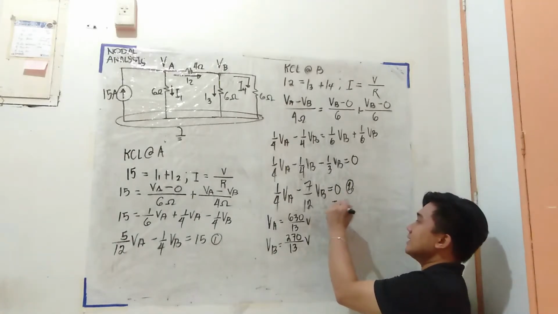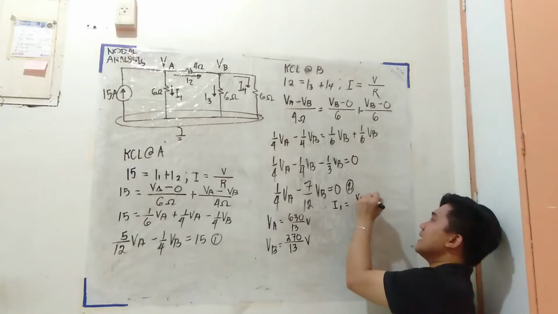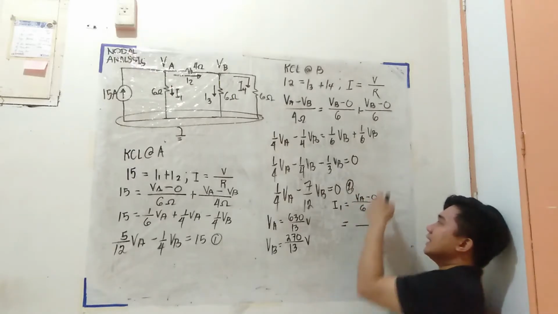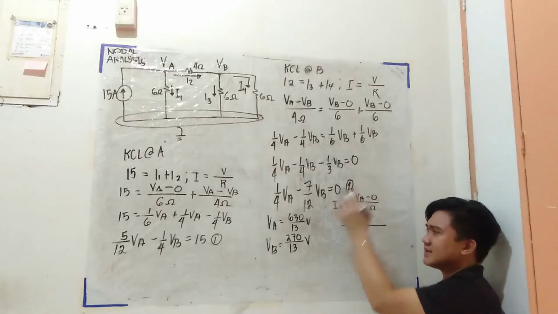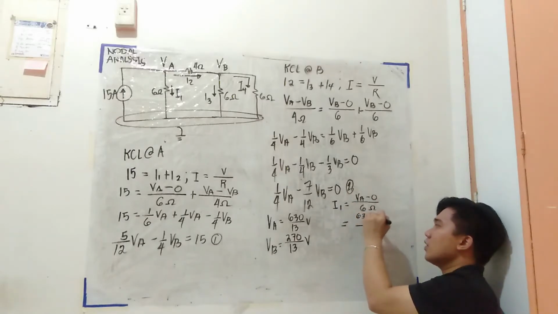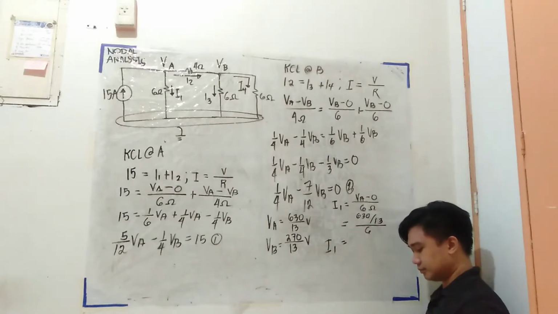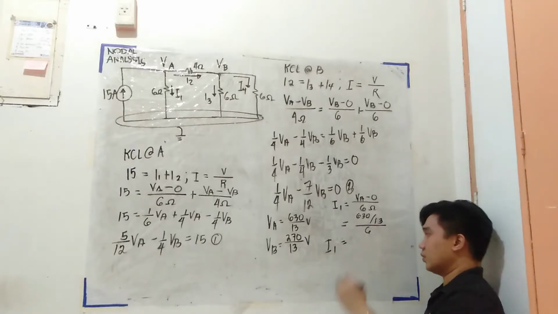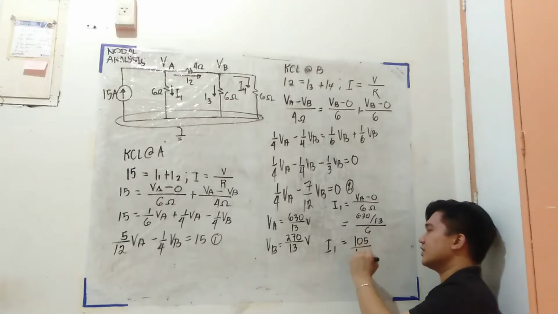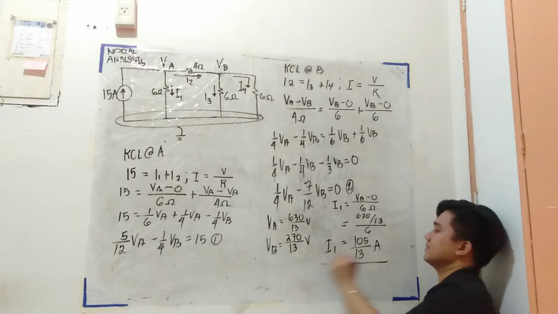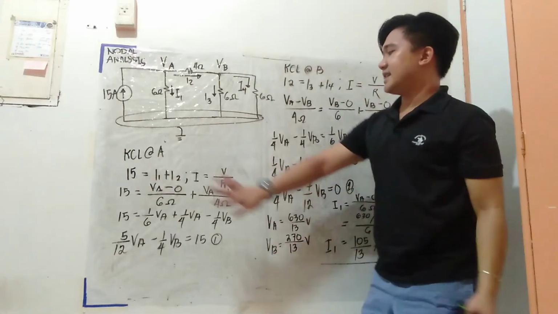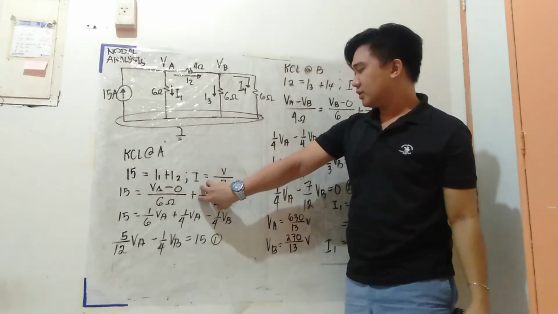So, I1 is equal to VA minus 0 over 6 ohms. So, wag ko nang ilagay yung 0 kasi wala naman siyang effect. Si VA is 630 over 13 divided by 6. I1 is equal to 105 over 13 amperes. And kung gusto mong kuhain si I2, gamitin mo lang to.